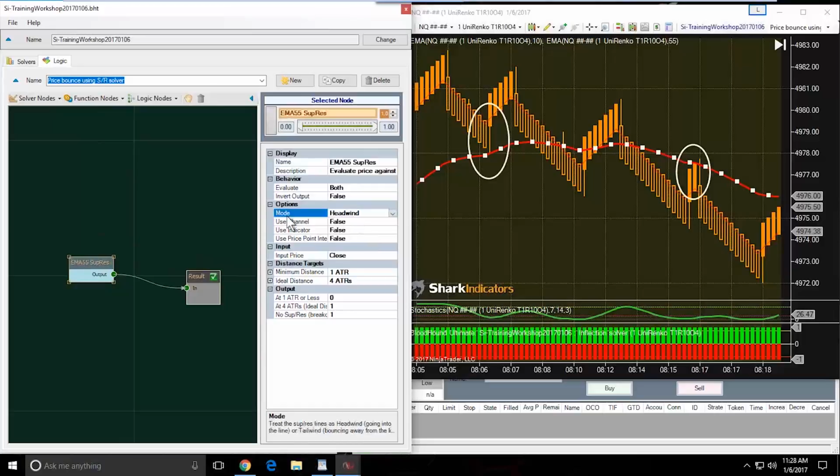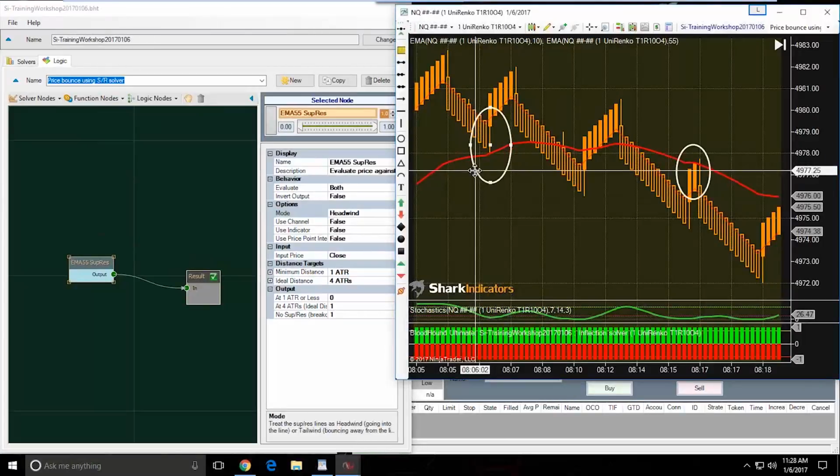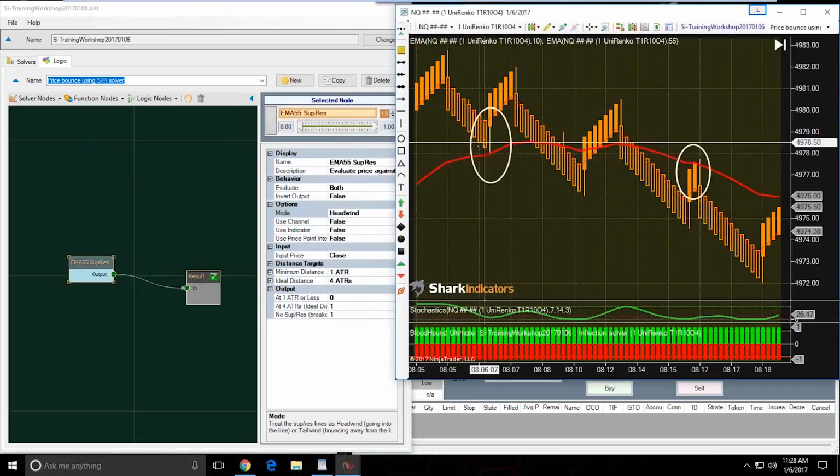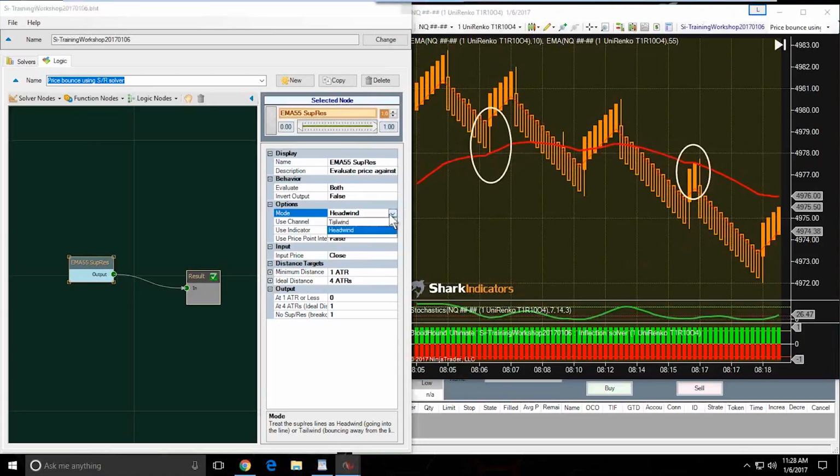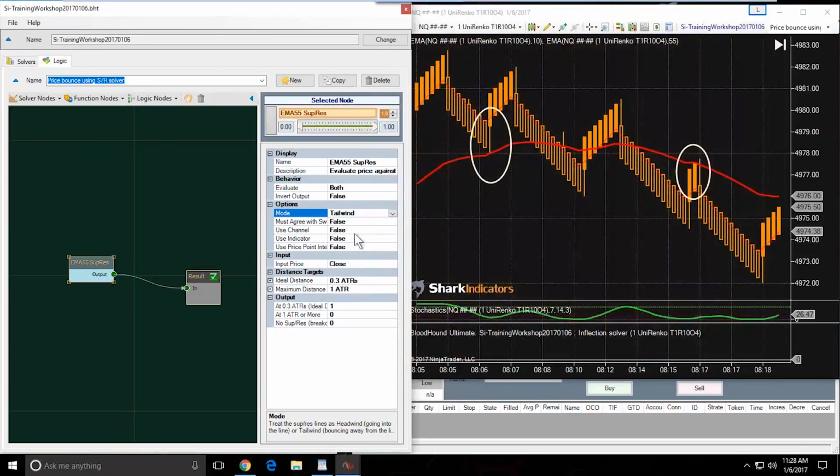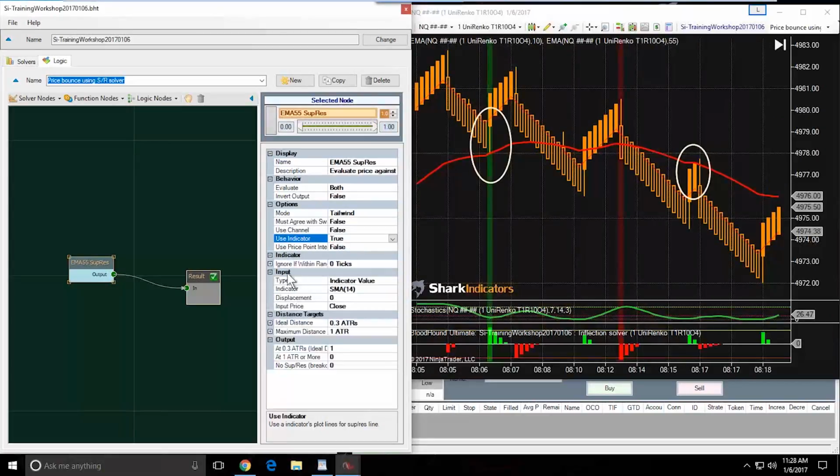For the support resistance solver, if you're looking to detect when price gets close to an indicator plot, then we want to use tailwind. So we're going to set this to tailwind mode, and we're using an indicator, so we need to set that to true. And now we have this input section here.